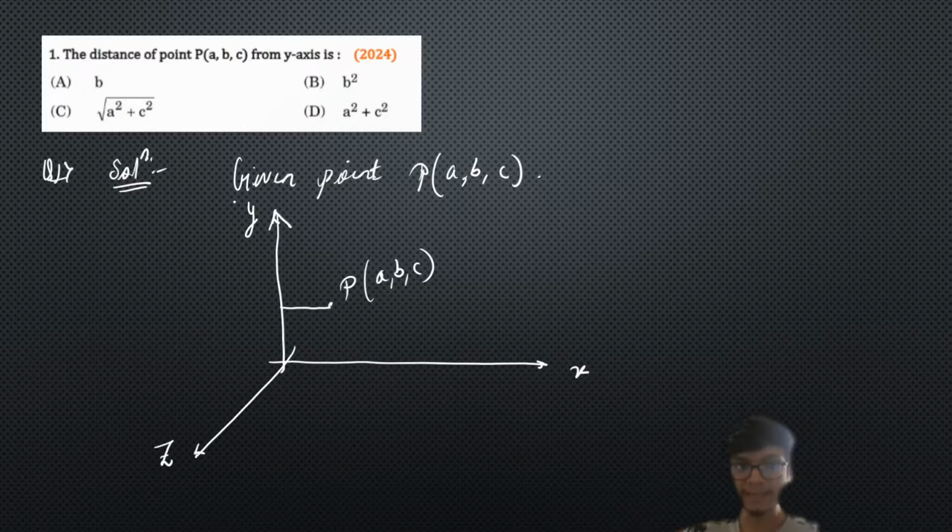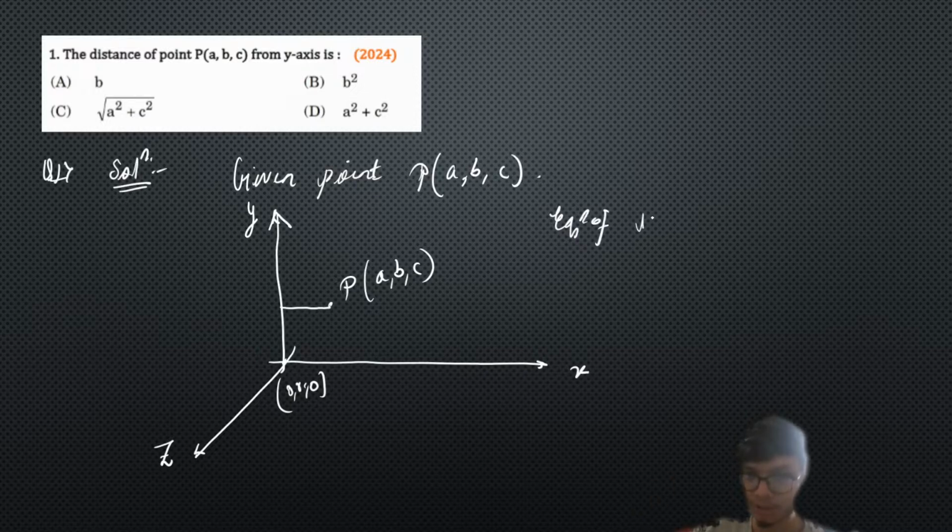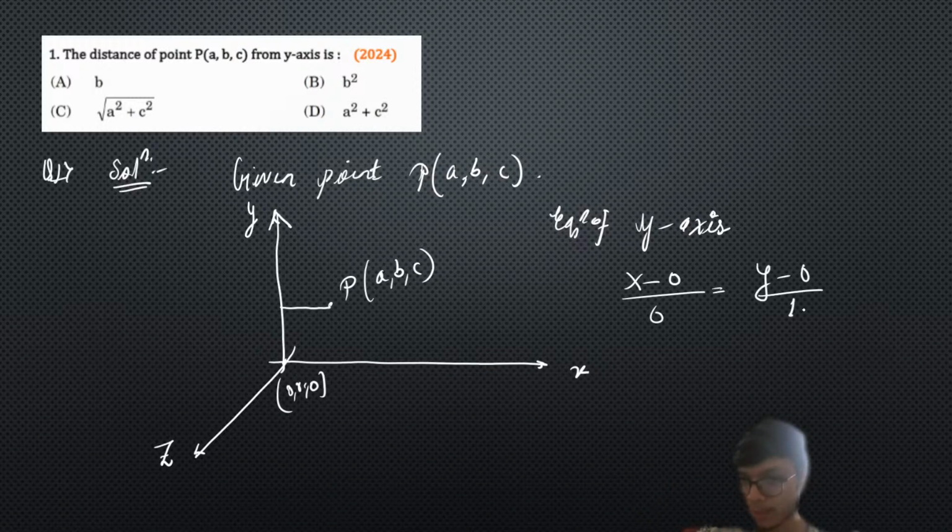I know that I can represent the y-axis as follows. Any point lying on the y-axis, for example the origin, is definitely lying on the y-axis. So I will write the equation of the y-axis. The equation of the y-axis is given as (x minus 0)/0 = (y minus 0)/1 = (z minus 0)/0.